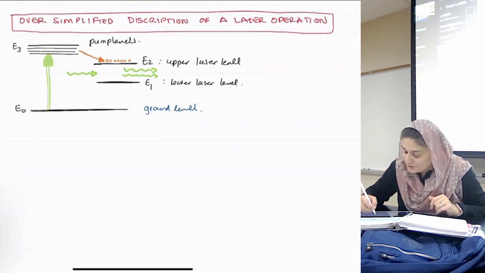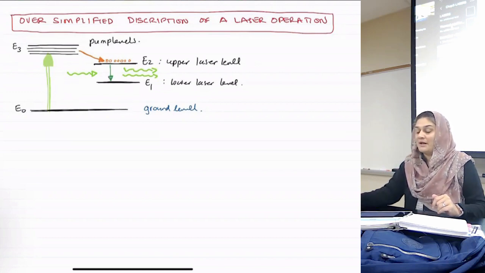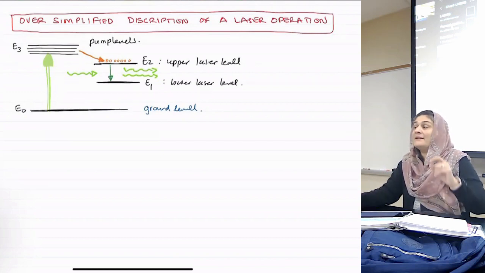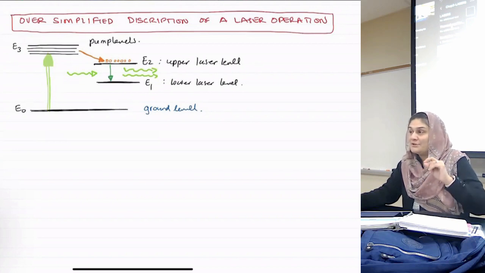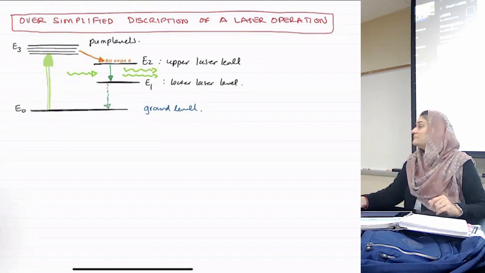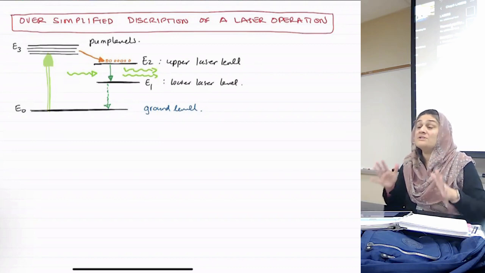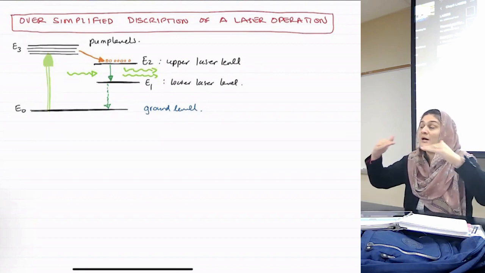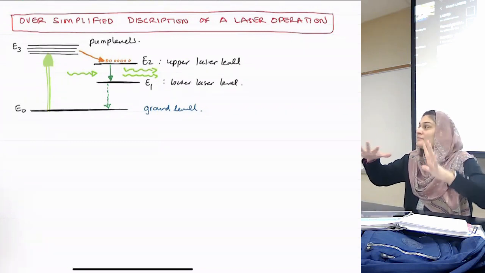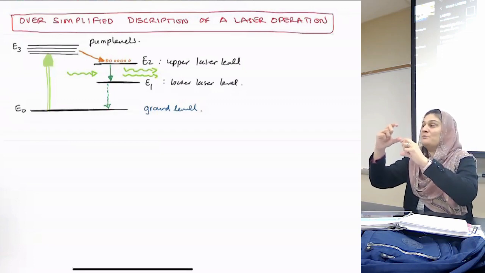And the atom will jump from state E2 to E1. And then finally, from E1 to ground state, it can just decay as it wants. We don't care. So what is the advantage of doing that? The advantage is that it doesn't actually have to be exactly 5 volts.